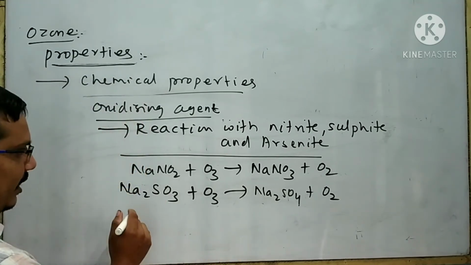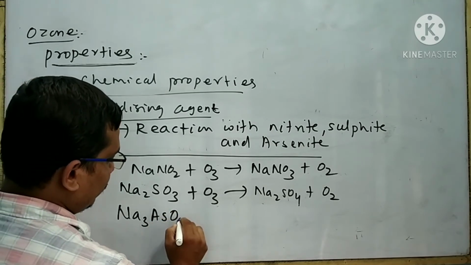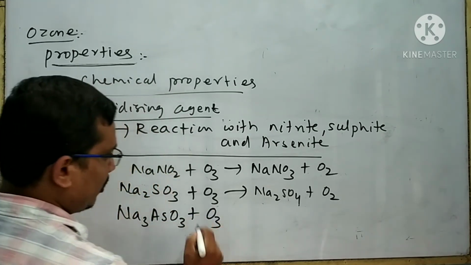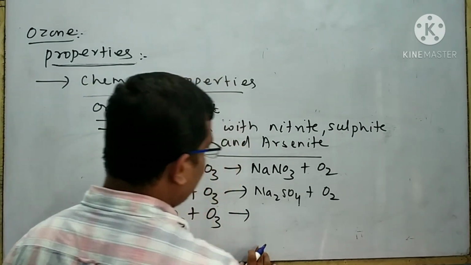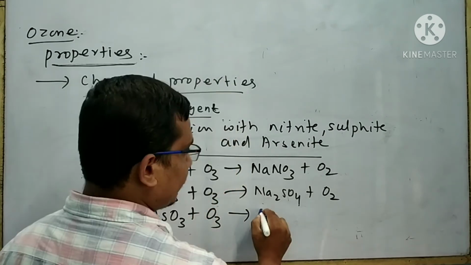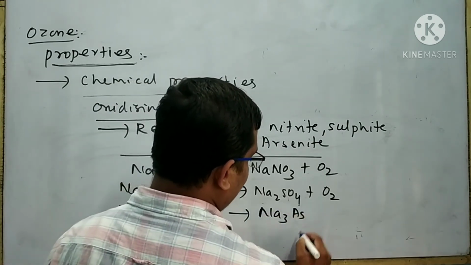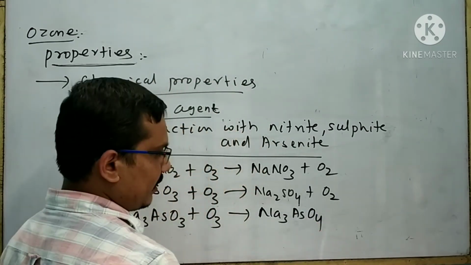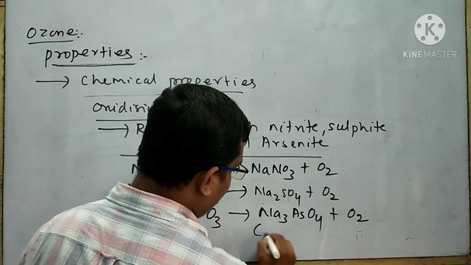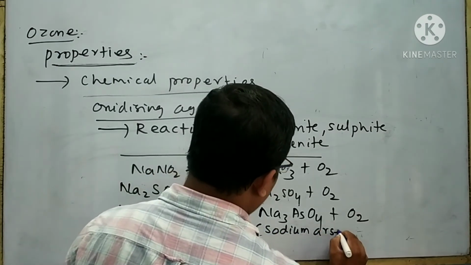Suppose I will take sodium arsenite. When sodium arsenite is subjected to reaction with ozone, then sodium arsenate and oxygen are formed. This is your sodium arsenate.